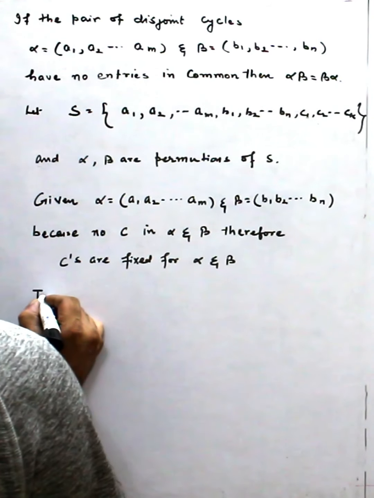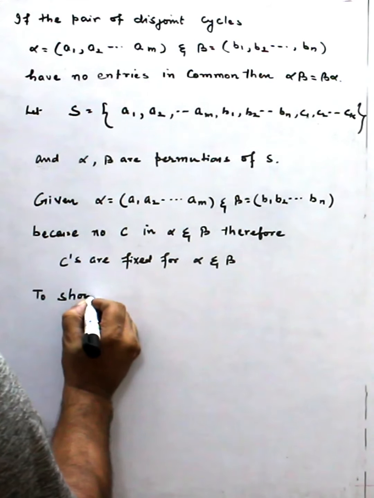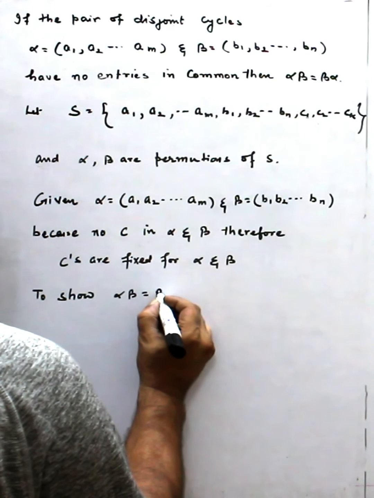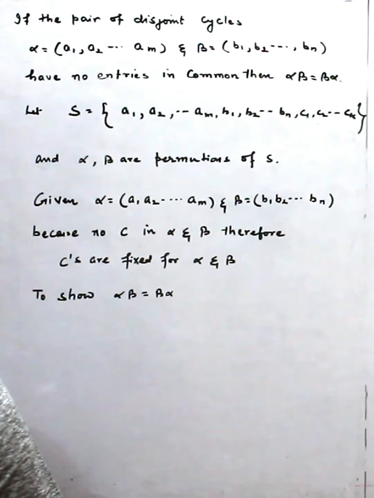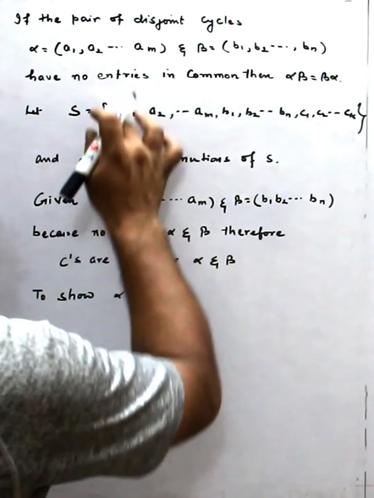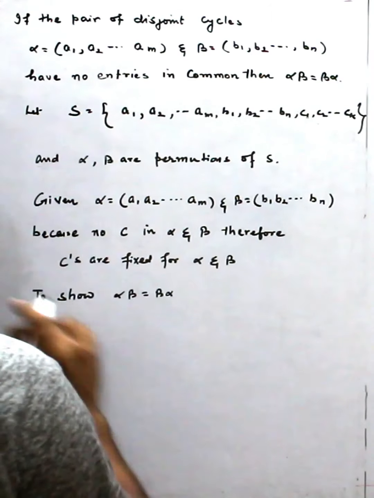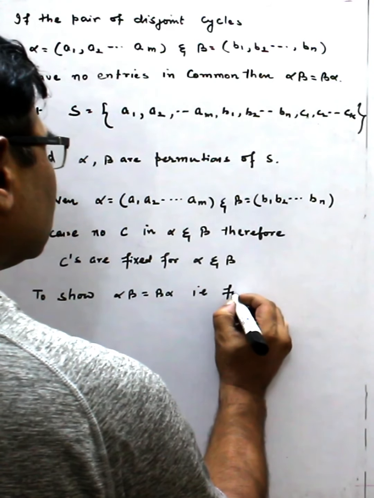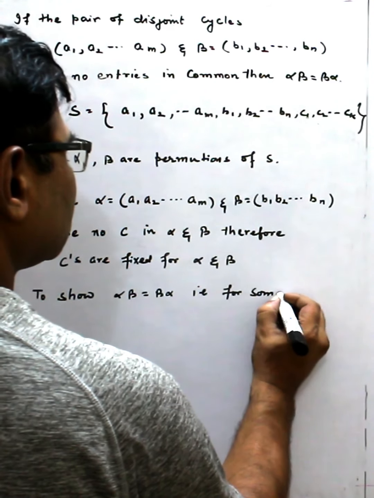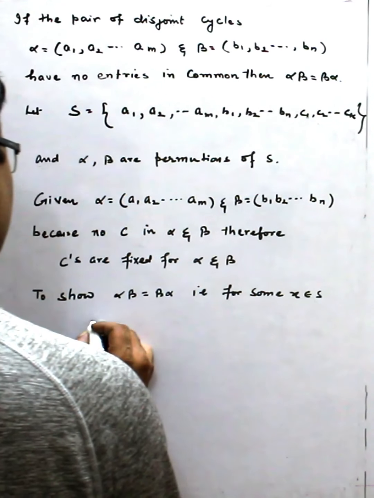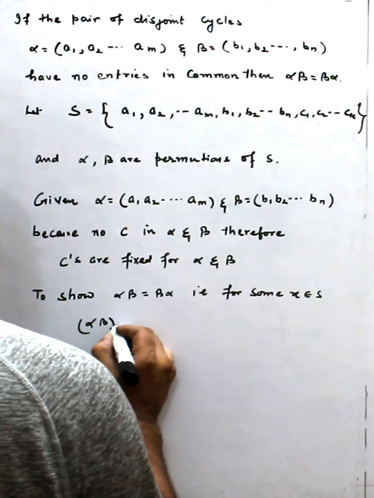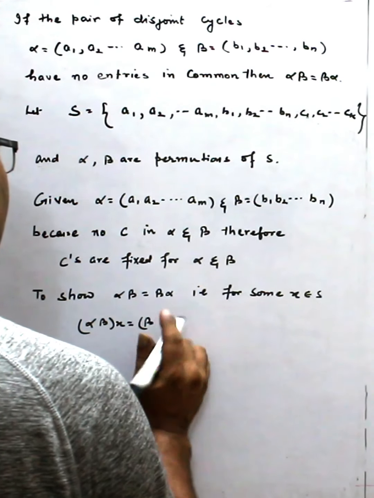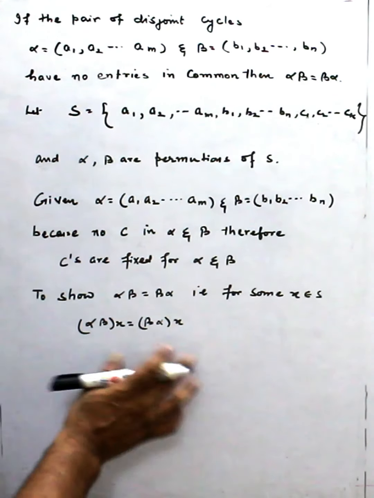So what we have to show is alpha beta equals beta alpha. That means we take any element x belonging to S, and we have to show alpha beta x is equal to beta alpha x. This we have to show.